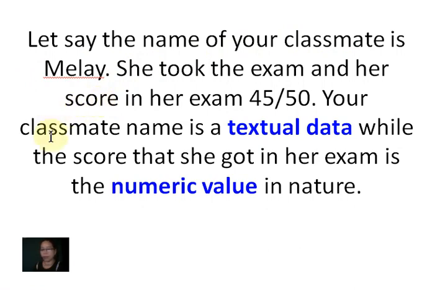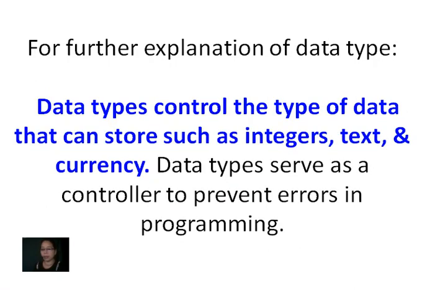Your classmate's name is a textual data, while the score that she got in her exam is numeric in nature. Data types control the type of data that can be stored, such as integers, text, and currency. Data type serves as a controller to prevent errors in programming.